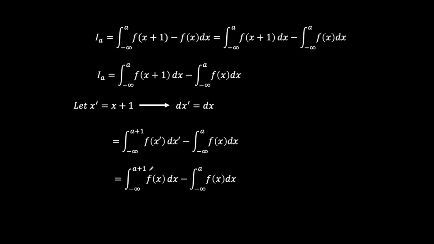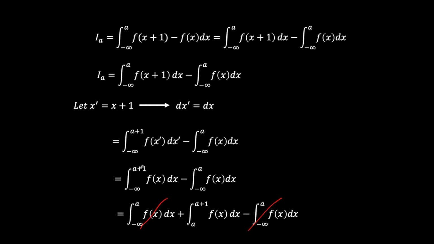So the integral of f(x plus 1) is the same as the integral of f(x) from negative infinity to a plus 1. And what that means is that we can now expand this such that we have the integral from negative infinity to a plus the integral from a to a plus 1, minus this component that is still there. So you realize that this and that can cancel out, and our integral I_a remains the integral from a to a plus 1 of f(x).